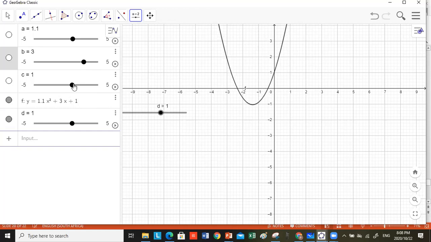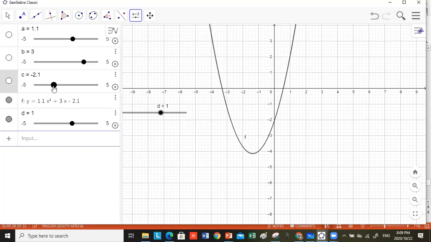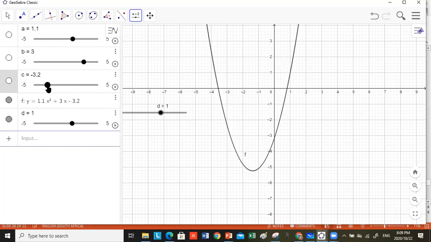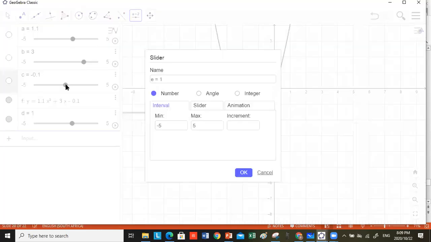Let's see what happens if we are changing the y-intercept. It goes up and down. If I'm decreasing the y-intercept, the function is moving down, but it is not opening up. It remains in its own original shape.